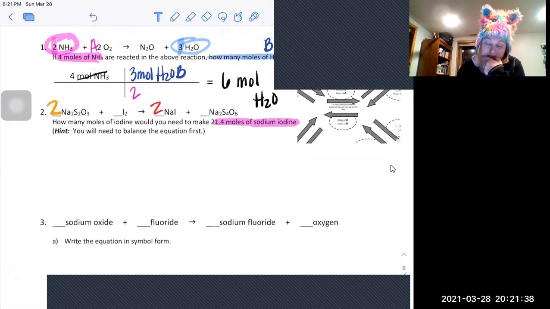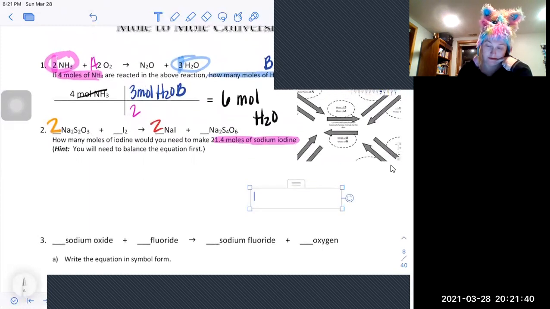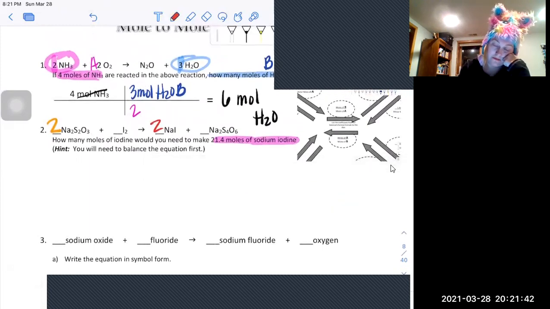And then it wants to know how many moles of iodine. That will be my B. And this will be my A.